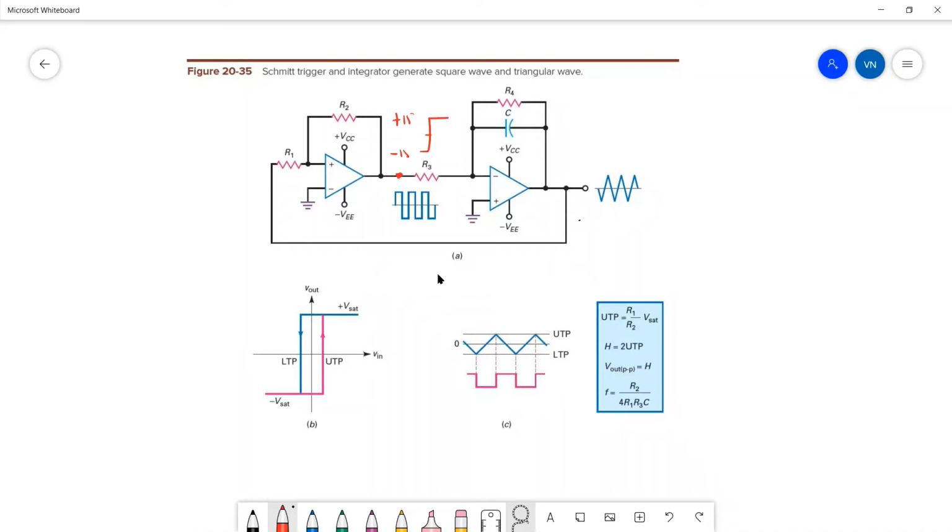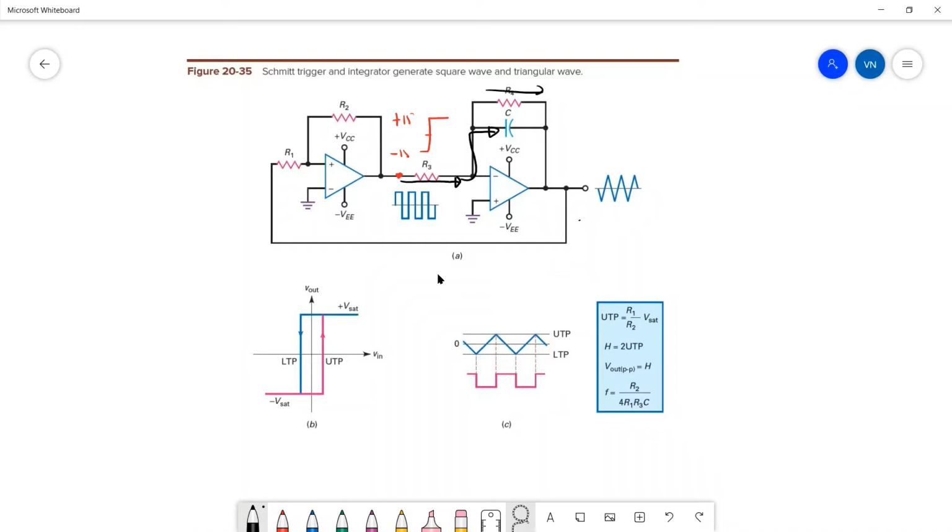That gets applied to the integrator circuit, and what happens is plus or minus 15 volts at this point generates a current, and that current flows into the integrator circuit. It cannot go into the input of the op-amp, so it has to go around and it charges up this capacitor.